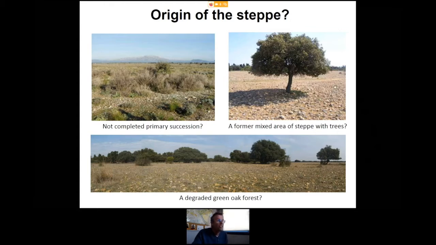And perhaps at the origin it was not only a steppe, but not a forest either, a form of mixed area, a steppe with some trees. Or the classical hypothesis before our work was that the steppe originates from a degraded mature forest, an oak forest, which had been degraded by fire and grazing.